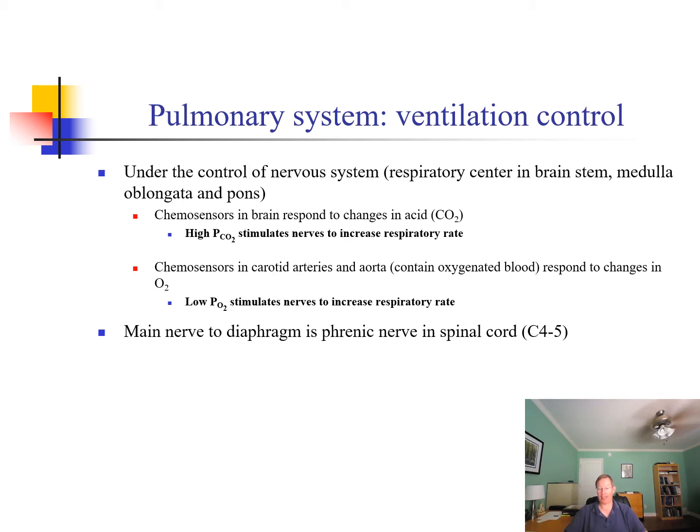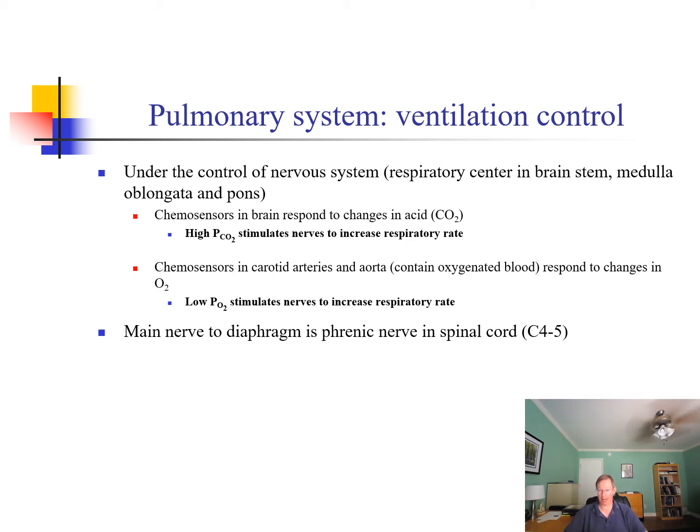Carbon dioxide, I would normally want to have around 40 millimeters of mercury as my set point. If it goes higher than that, it means that I'm building up carbon dioxide in my lungs, and I'm going to stimulate my diaphragm to contract more rapidly. That is, I'm going to increase my respiratory rate and blow off that carbon dioxide.